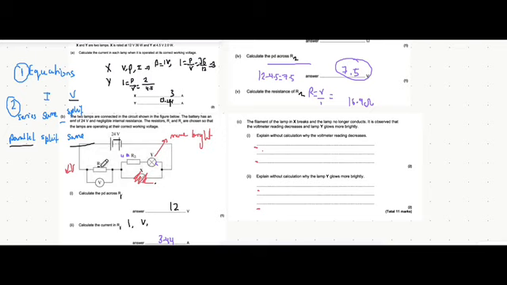Let's think about it like this. Before, this whole thing was a parallel combination, and in parallel, the total resistance is smaller. But now that X has been broken, like it mentions in this question, this is now a series junction. So in series, the total resistance is larger.